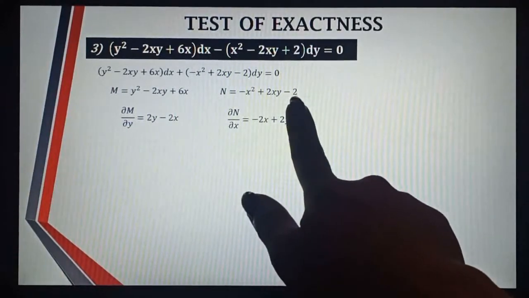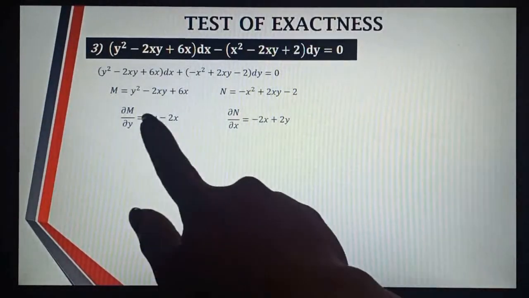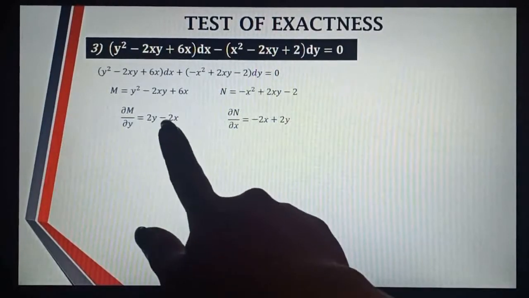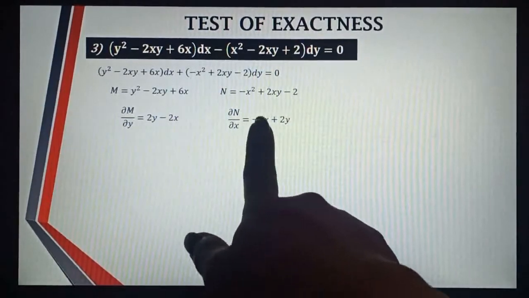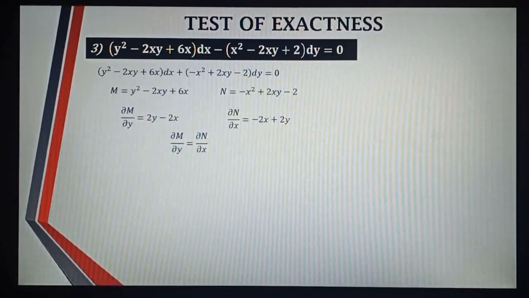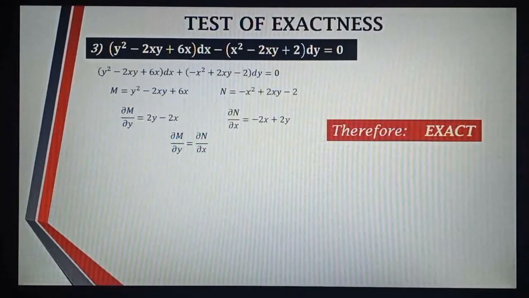Then the derivative of your constant is 0. So you will notice that you will have 2y and negative 2x. So the partial of M and the partial of N are equal. Therefore, the given equation is exact.